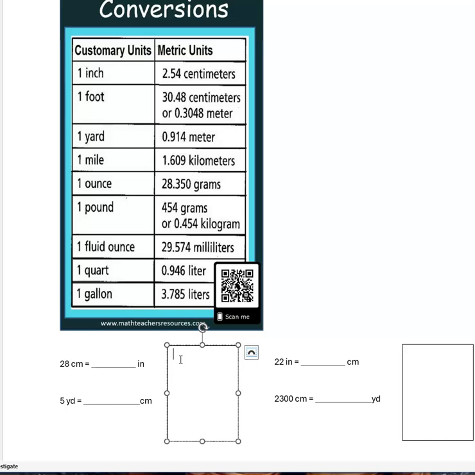So I'm going to do 2.54 centimeter. I'm going to have to extend this box. Equals, and how many centimeters I have here? I have 28 centimeters.